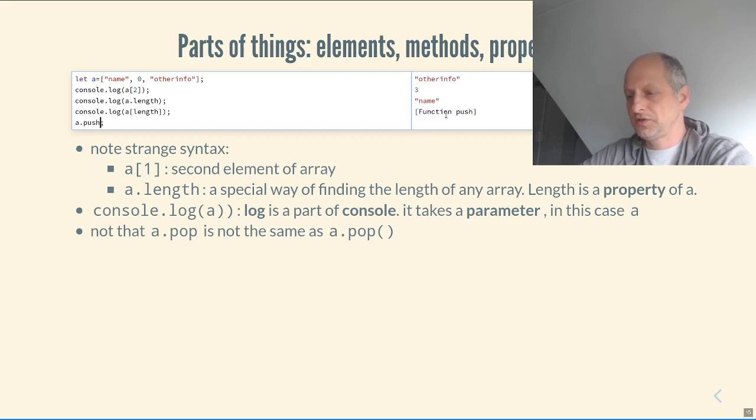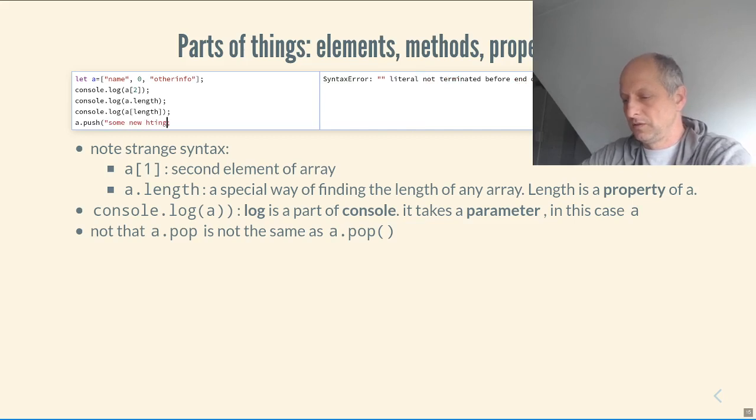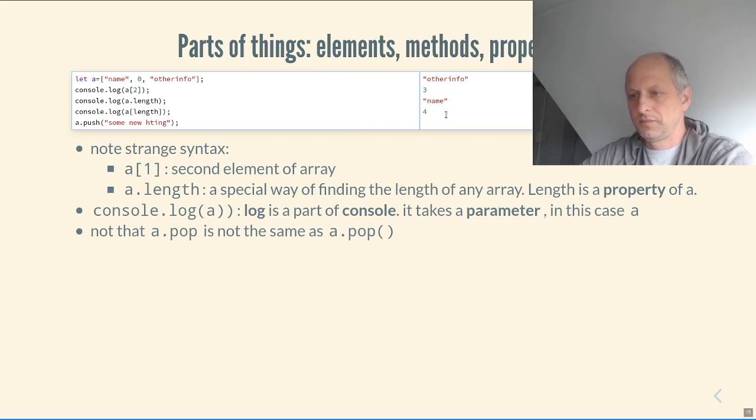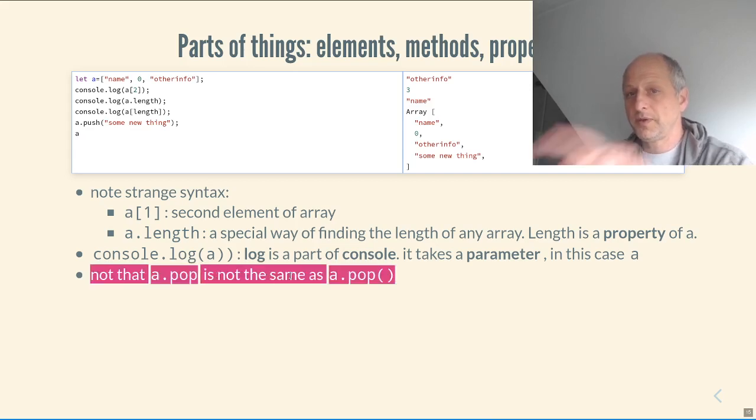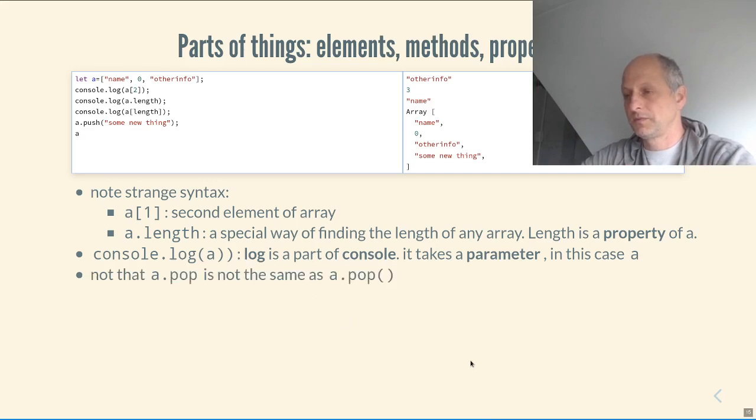Similarly, a.push is a function. And if I run a.push, then it will change the value of the array in another way. I'm just noting here that these are not the same thing. A.pop and a.pop parentheses mean really different things to JavaScript.